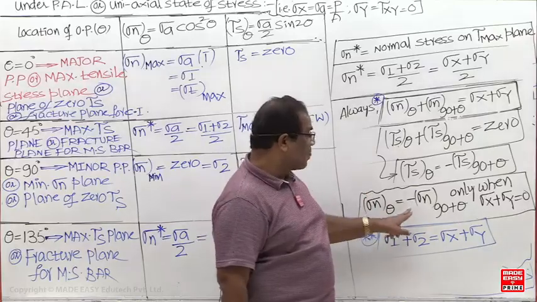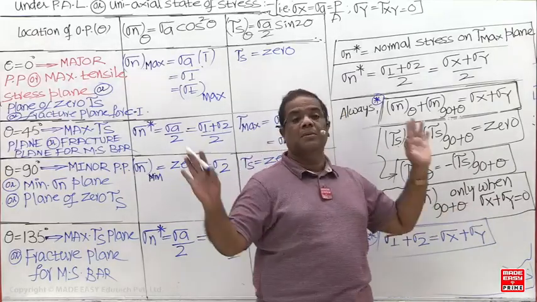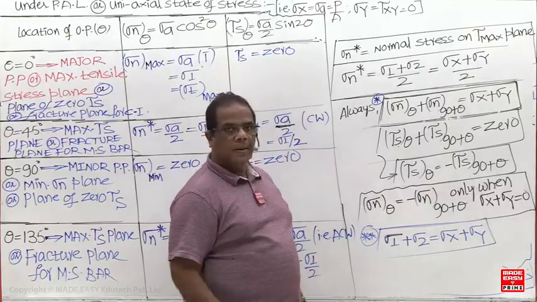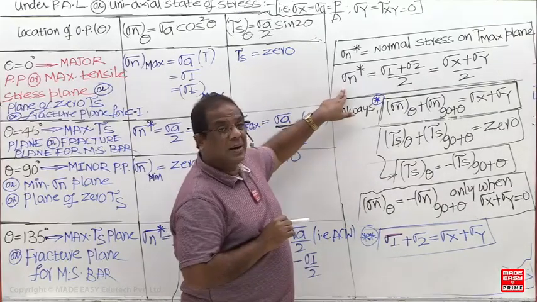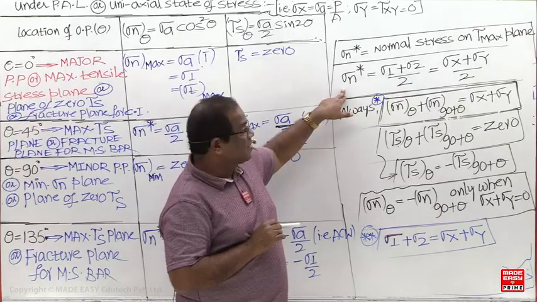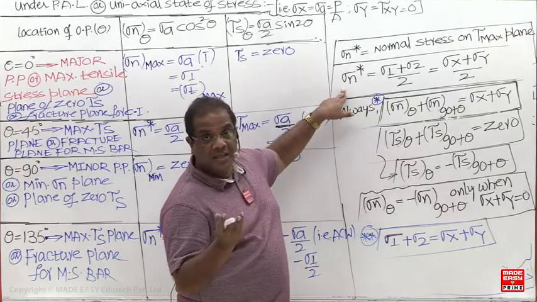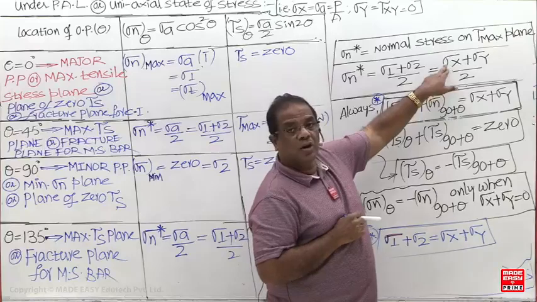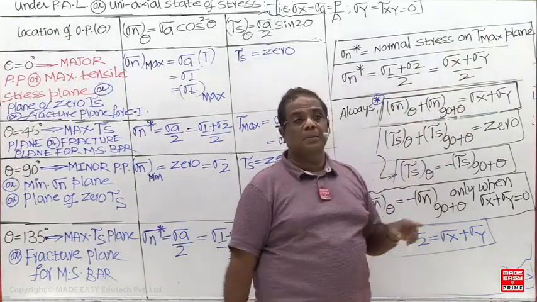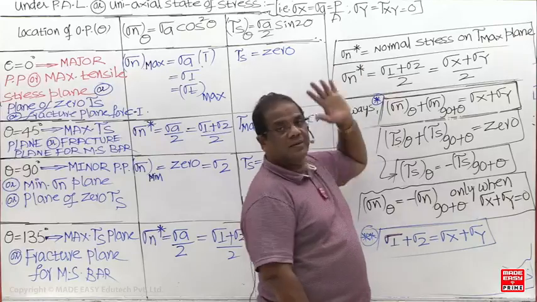But complementary normal stresses are equal and unlike only when sigma x plus sigma y is 0. Now, the normal stress on the tau max plane, is it 0 or non-zero? It may be 0 or may not be 0. When will it be 0 now? Only when sigma x plus sigma y is 0. Only then the normal stress on this plane is 0.